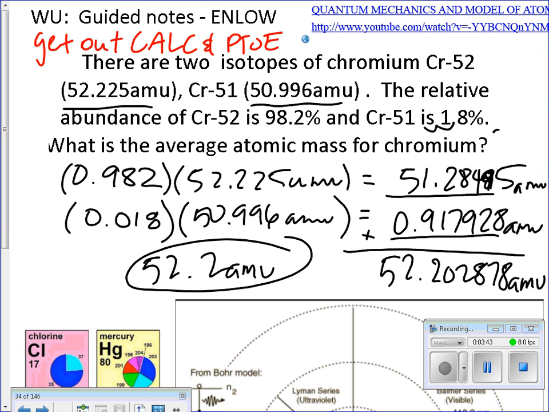So like we just said, this should have 3 sig figs. This should have 2 sig figs, and so this should only be recorded to 1 decimal. This should be recorded to 2 decimals, and so when you're adding, you're considering the lowest decimals, which is 1. So at the very end, there's our average atomic mass. You'll see that come up again on your unit review and on your test for sure. Okay, so just put a star by that so you know how to do that.